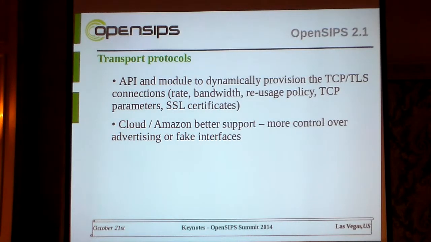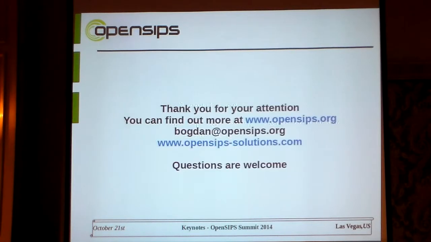You need to make OpenSIPS advertise the public interface, and at the same time you have to deal with the public and the private interface. So you need a lot of flexibility to deal with such routes. We are trying to simplify all these things in the 2.1 version.